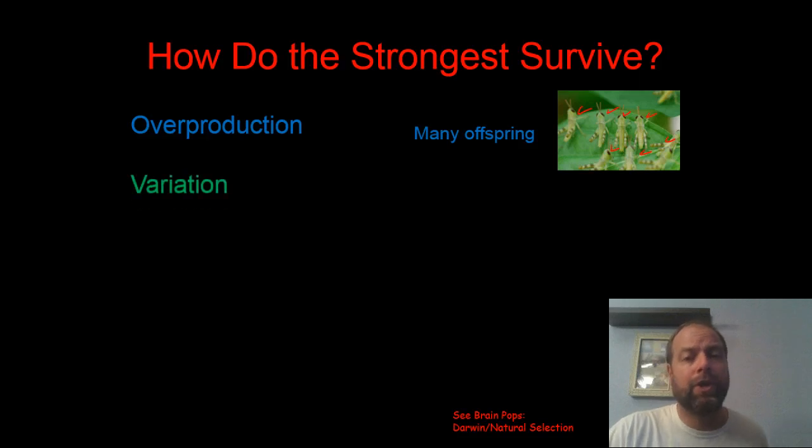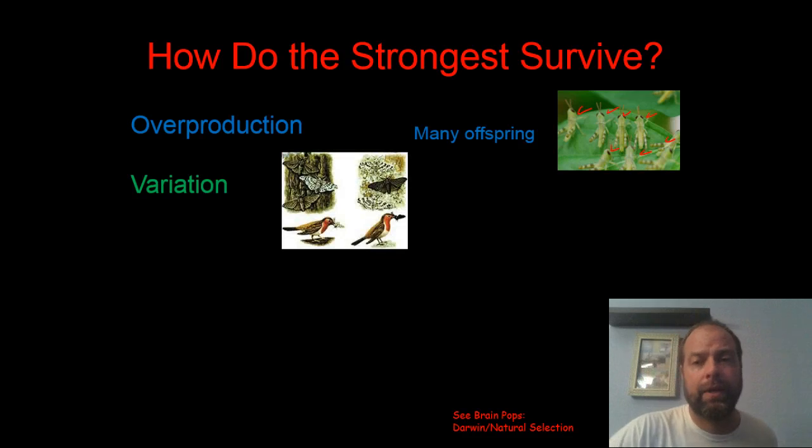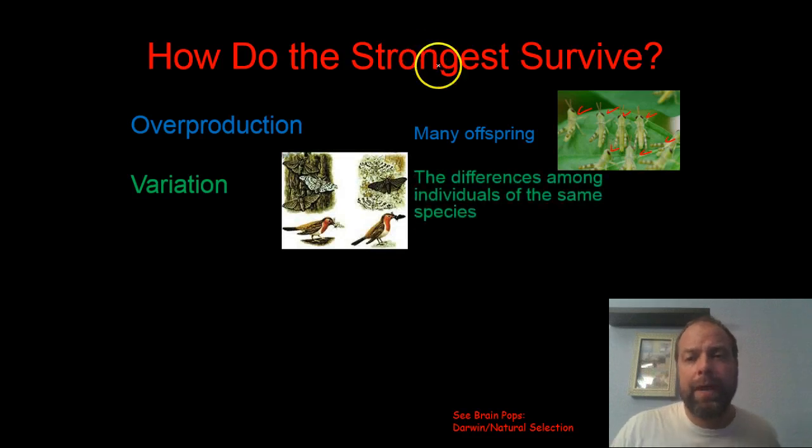Which brings us to Charles Darwin's next point. Variation. Now, even though you might not see it, there's a slight variation between these animals. Not every single one of these grasshoppers is the exact same. Some of these grasshoppers might jump a little higher. Some might see a little better.